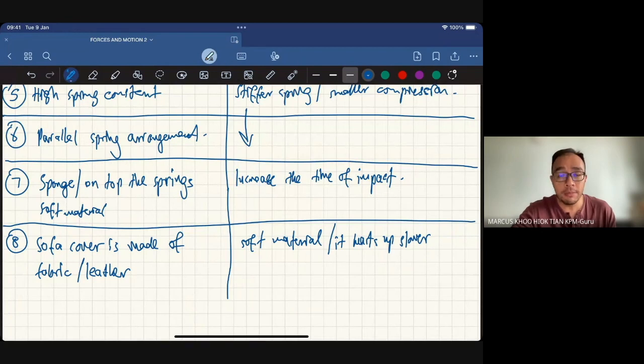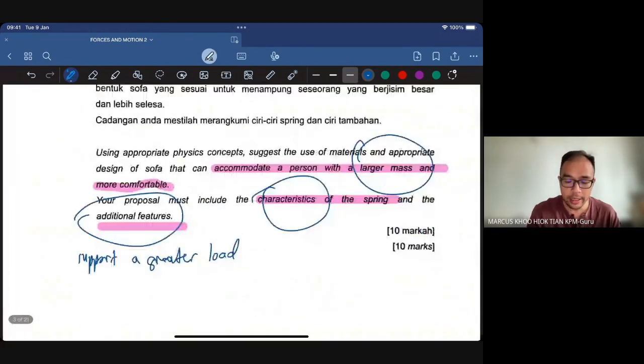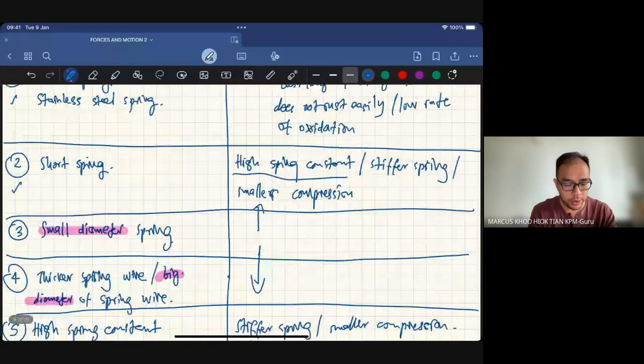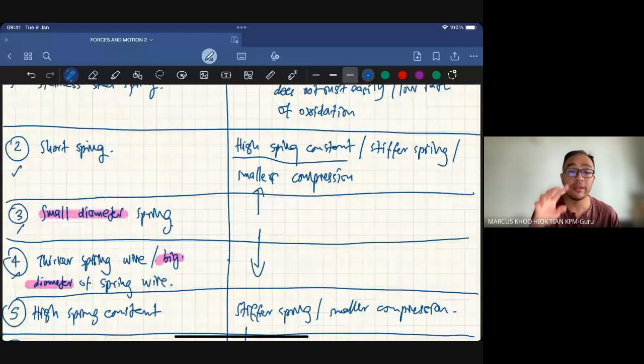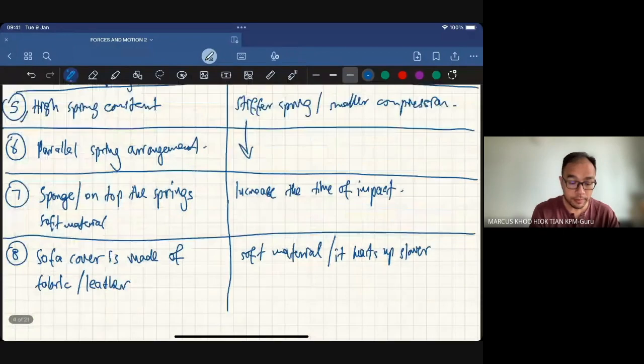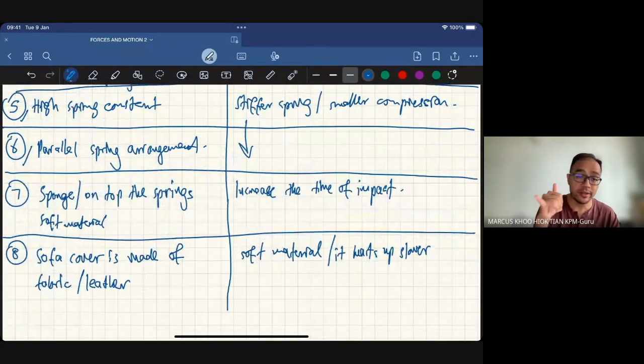The most important thing which I think I need to highlight is that the question is asking for characteristics of the spring and additional features. What I've given you is 1, 2, 3, 4, 5, 6 characteristics of the spring, and the other 2 are the additional features.